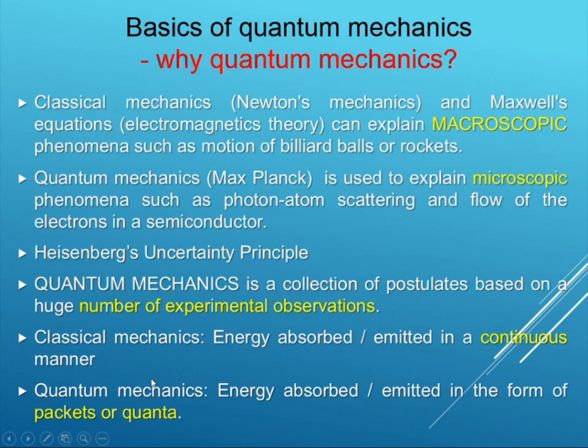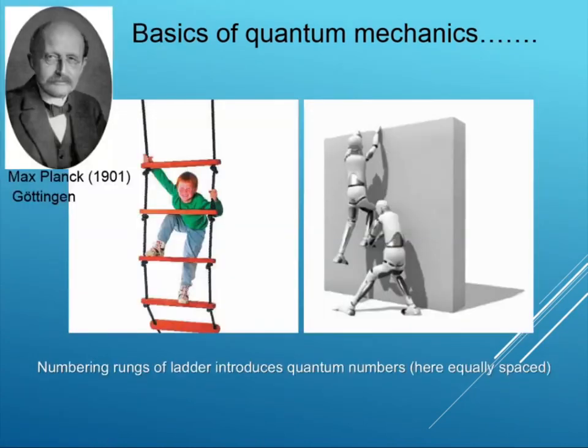See the difference here. Classical mechanics said the energy is continuously emitted and continuously absorbed by the body. But quantum mechanics said no, energy cannot be continuously emitted or absorbed, but it is absorbed or emitted in the form of packets. These packets of energy are known as quanta. You can see this is a very nice picture. There is no continuous way.